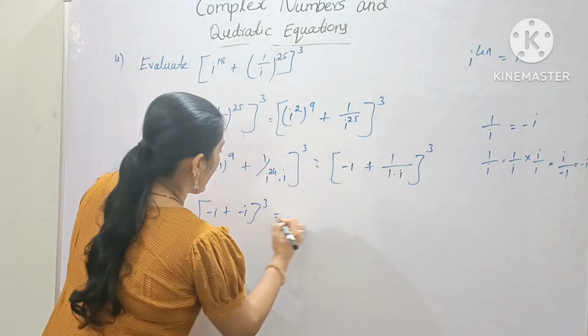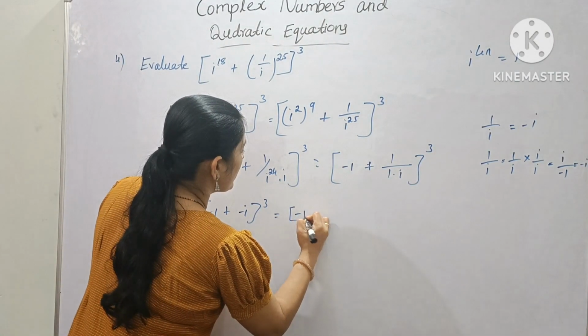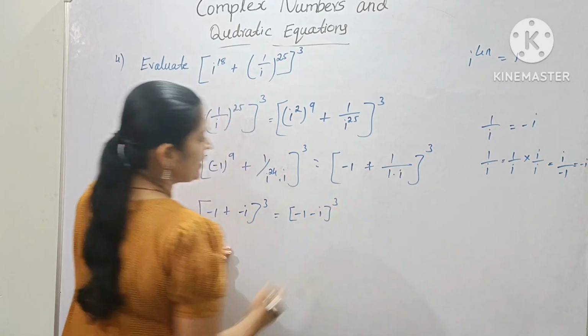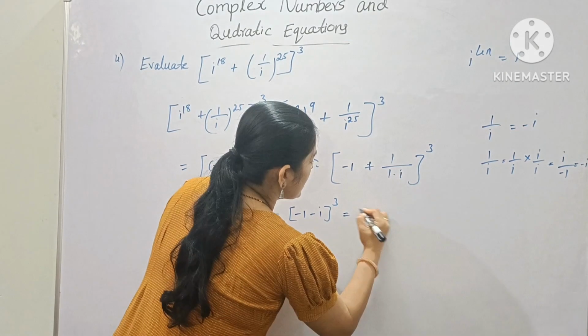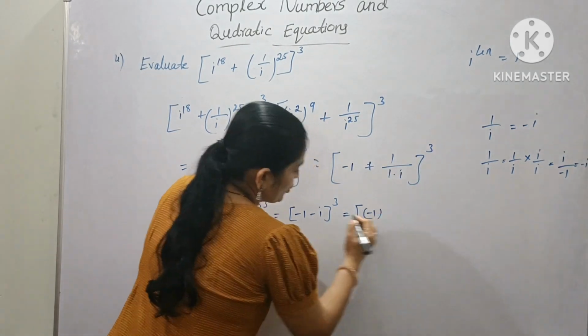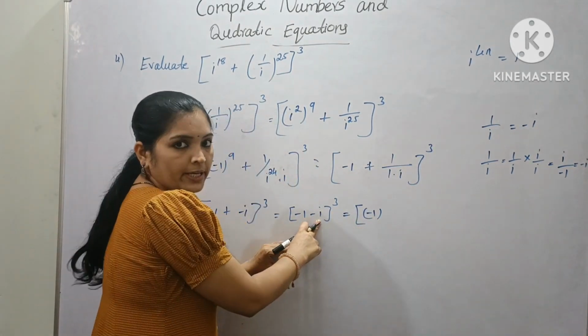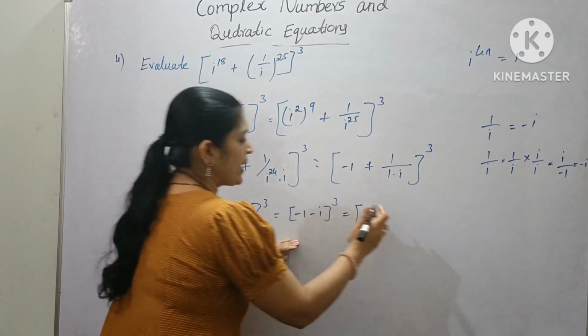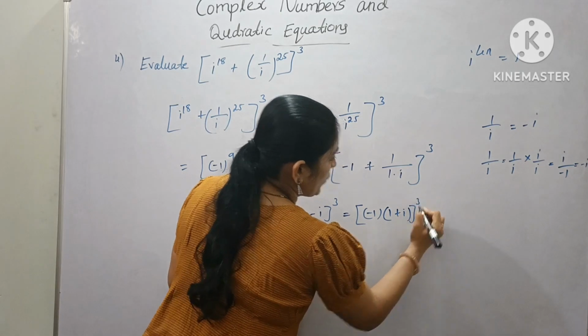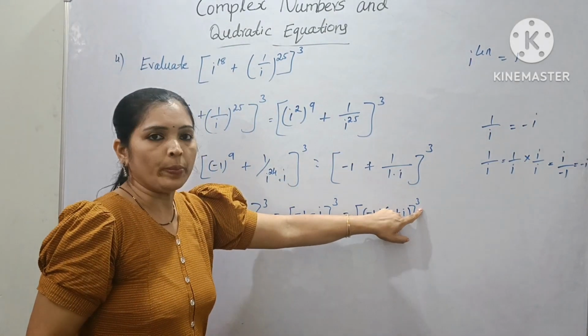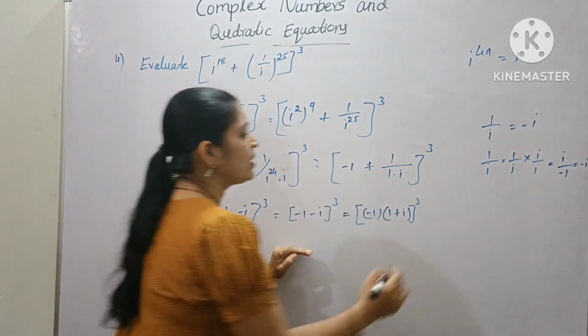So we have got (−1 − i) whole cube. Here we can take minus outside, minus is common. Minus 1 into (1 + i) whole cube. Now, (−1)^3 is minus 1 itself.